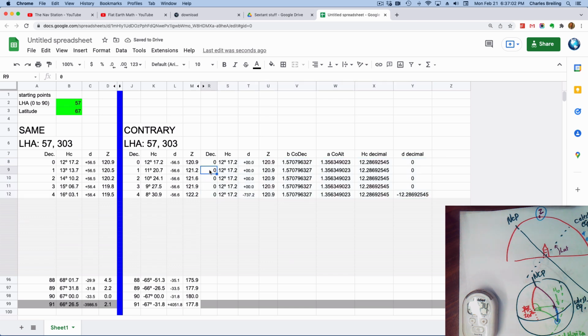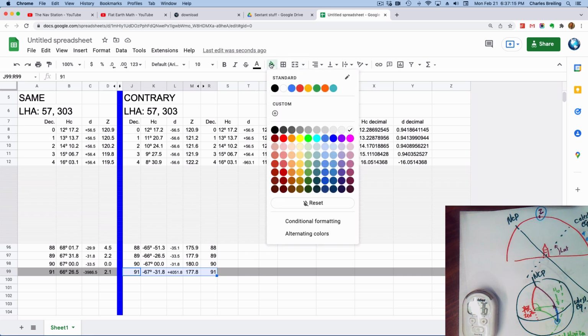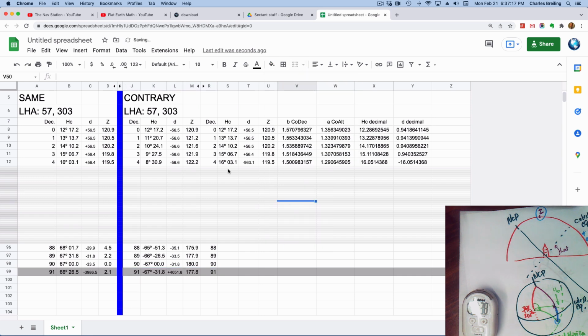Oops, I forgot to increment my declination. Okay, so declination has to go between 0 and 91. Okay. And let's gray those out. Okay, so now we're going to take a look at how we're going to change this.